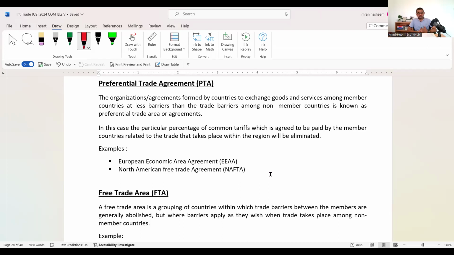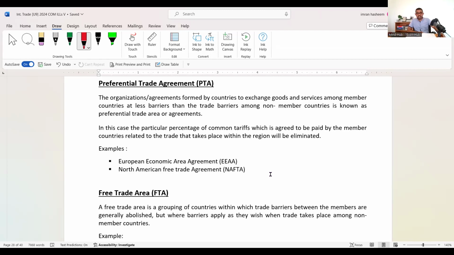But when other countries try to trade with these countries, so we'll say Sri Lanka and India have a PTA. Sri Lanka and India have a PTA. When between Sri Lanka and India, we make sure that as much as possible there are less barriers for trade. Free trade is there. Then when Bangladesh tries to do some activity or international trade with Sri Lanka, we will have a tariff, right? And that will be preferentially implemented.